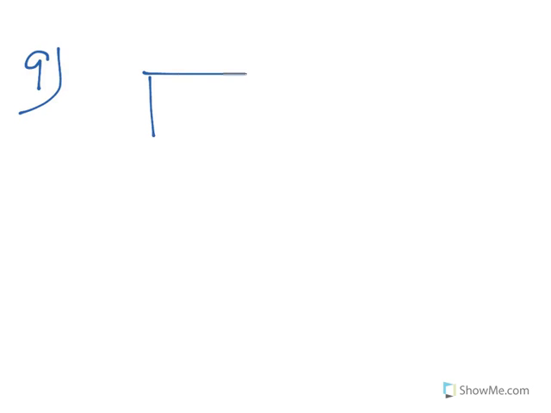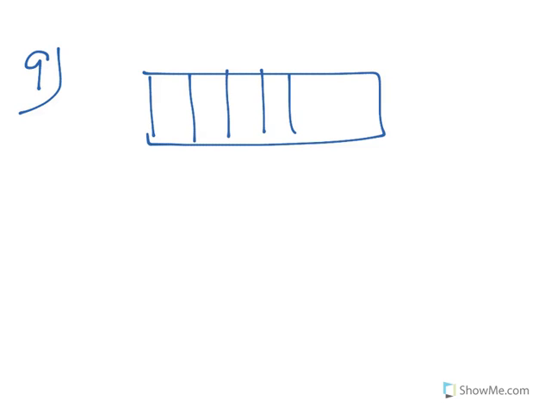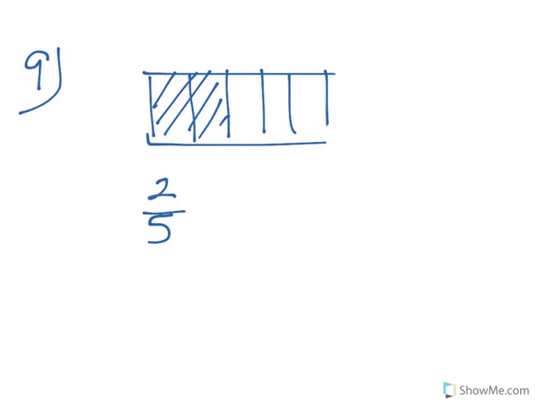So we have a house here. We know that 2/5 of this house is used up by certain rooms, and we want to know what's the area of the remaining rooms.